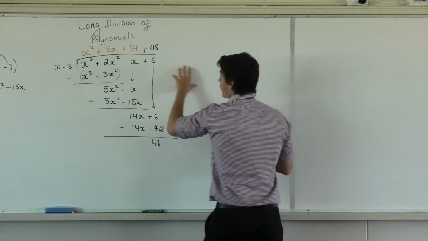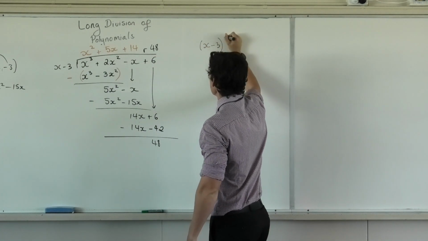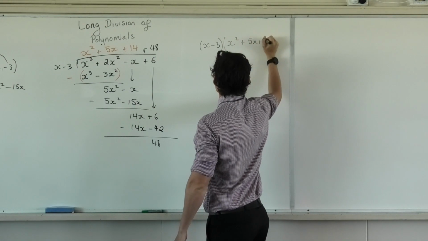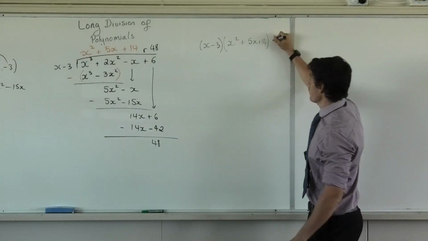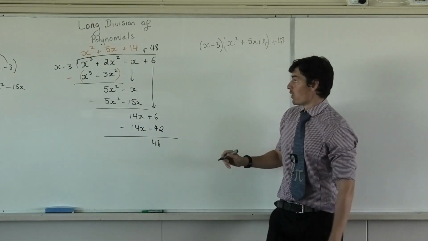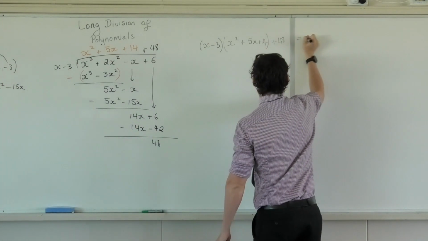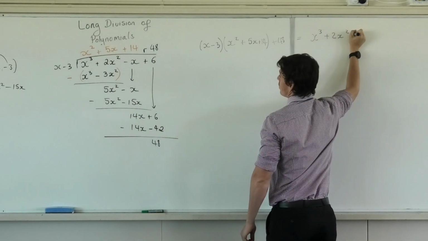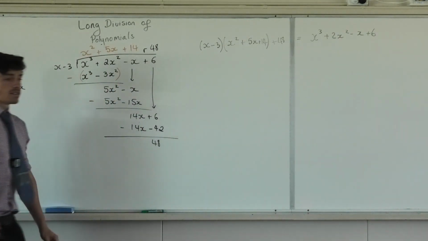If I was to write this sum out, I would write it as x minus 3, brackets x squared plus 5x plus 14 end bracket, plus 48. So that is exactly the same as writing x cubed plus 2x squared minus x plus 6. They are exactly the same thing.